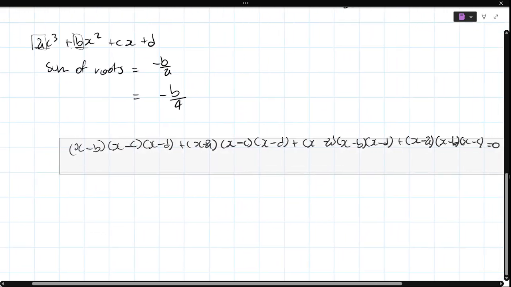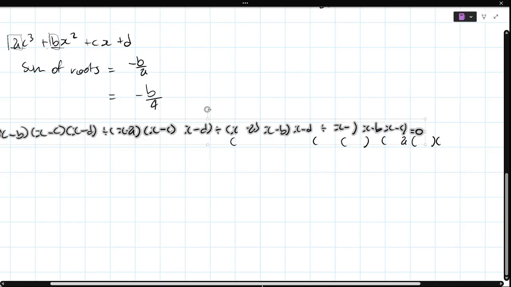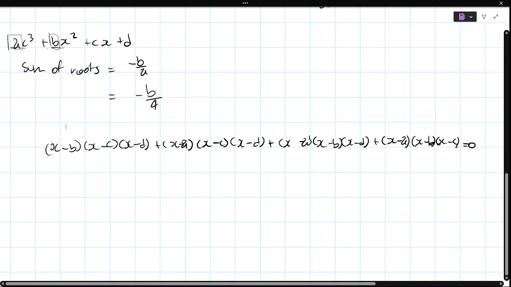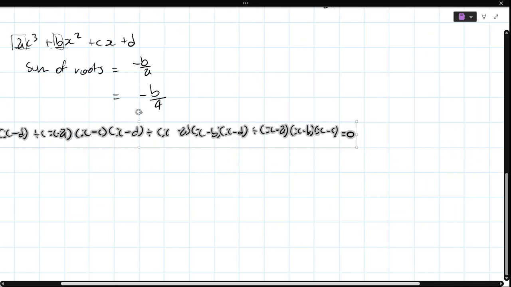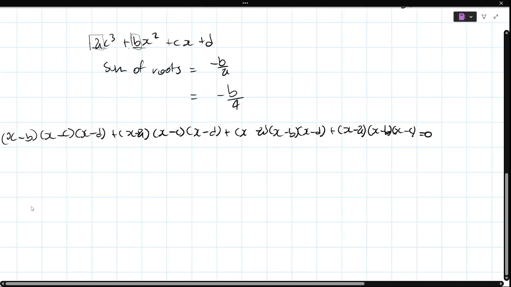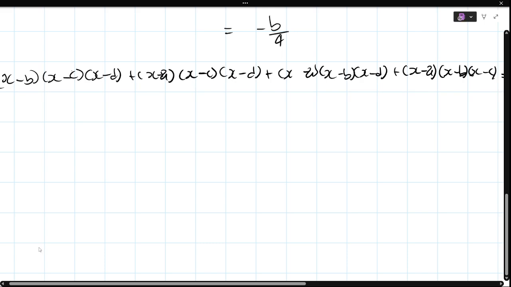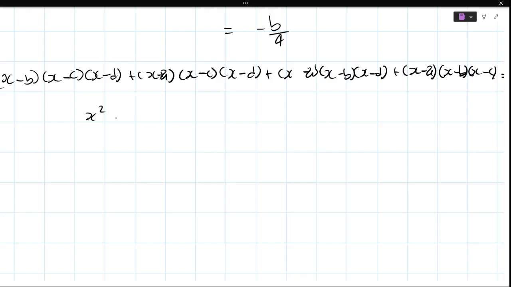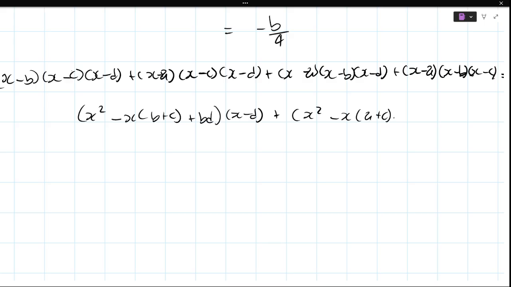I can rewrite this as the following: x squared minus x b plus c plus bd, which is irrelevant in this case, times x minus d, plus x squared minus x a plus c plus ad times x minus d. And notice I can factorize these two out, and I will do that later.